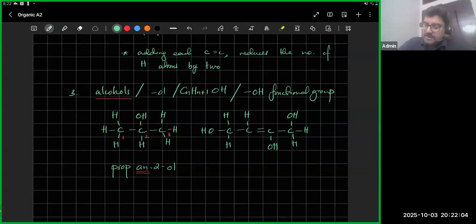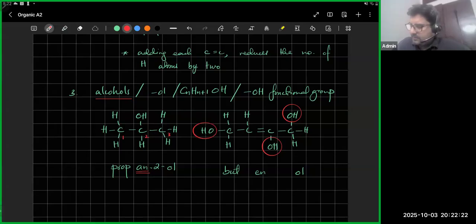So this is 4 carbon atoms, so it's going to be called but. Instead of AN, it's going to be called EN. And it's going to be called ol, except that it's going to be called triol because it's got 3 OH groups. So it's going to be called triol.